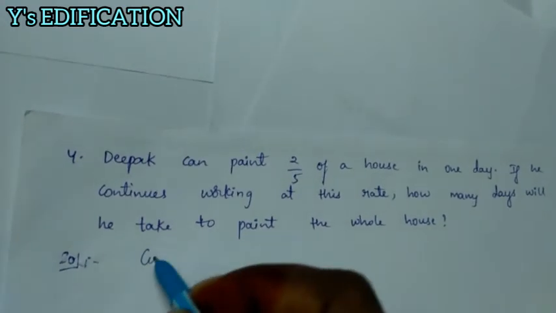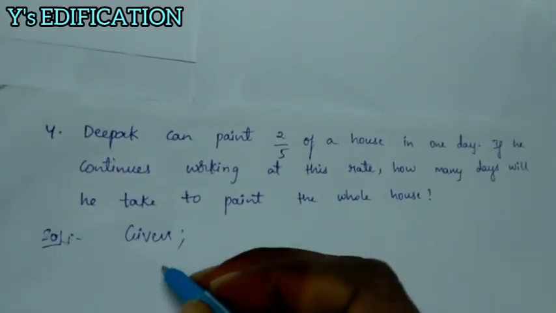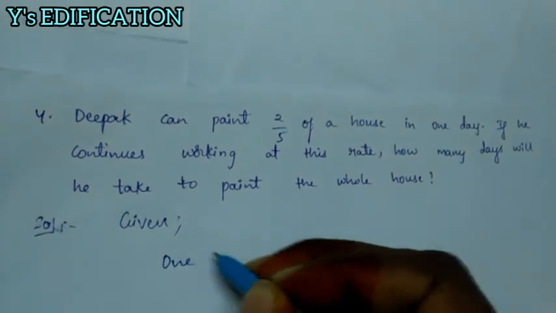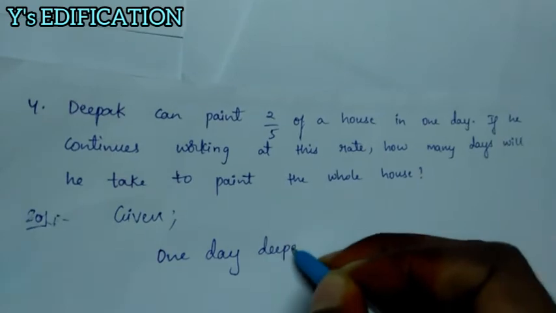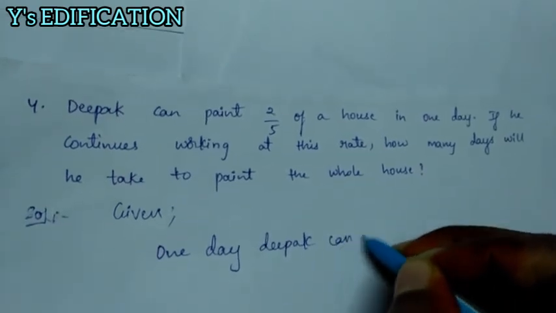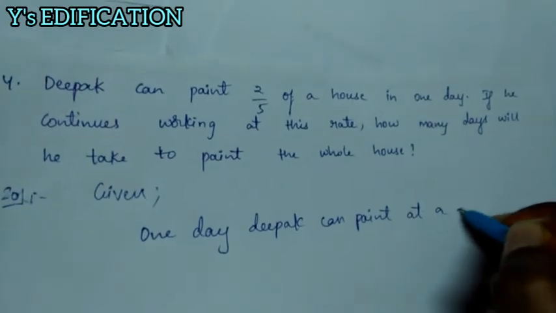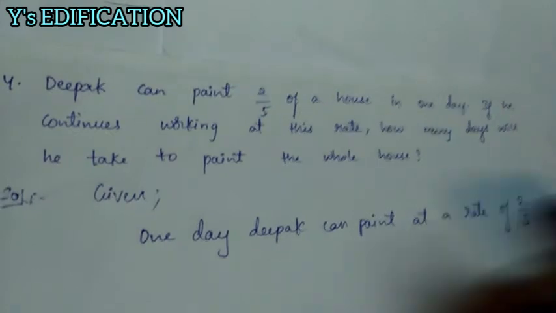So first we have to write down the given data. So what is the given data? In one day Deepak can paint at a rate of 2 by 5. Okay.